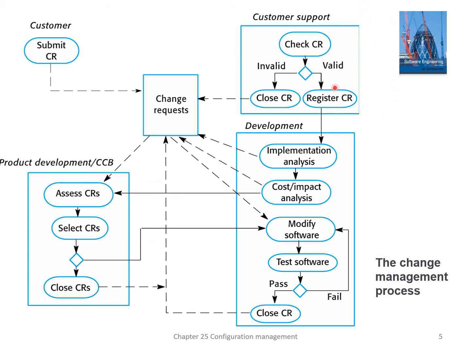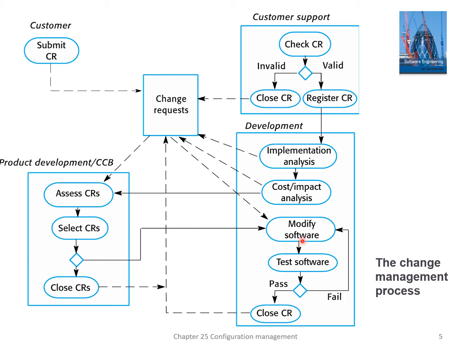Let's say they accept the request for change as a valid request, so they capture it and register it. Rather than proceeding to agree to it, they will again do a cost and impact analysis, and it will go through the team that makes the decision. Let's say they agree to the requested changes, then they will start to modify, and then they have to test again.